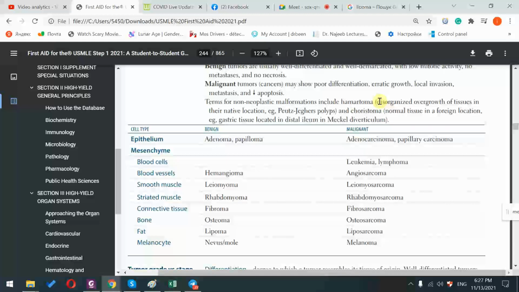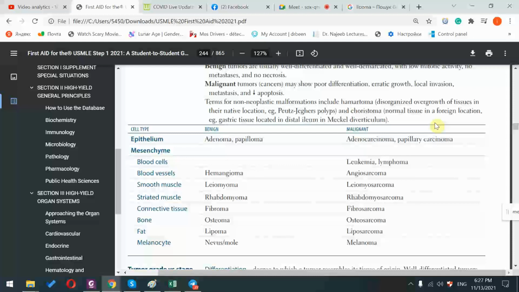Hamartoma is a disorganized overgrowth of tissue in its native location. For example, if you have intestinal cells that are overgrowing in the same location, like in the intestine still, we call that a what? We call that a hamartoma because they are located in the same place where epithelial cells of the GI are located.